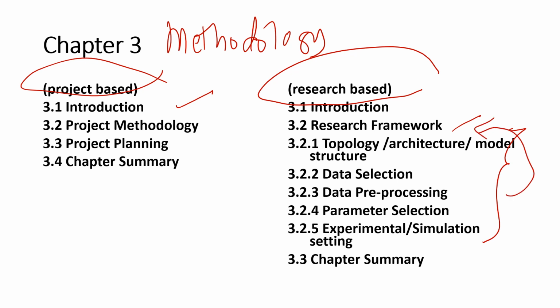Usually it contains things like architecture or model structure, how you select the data, how the data preprocessing is conducted, how you select the parameters, what to do with the parameters, and then experimental simulation. For example, if you are applying a neural network, how do you plan to simulate the experiment? You need to explain this in this chapter, and usually end with the chapter summary.